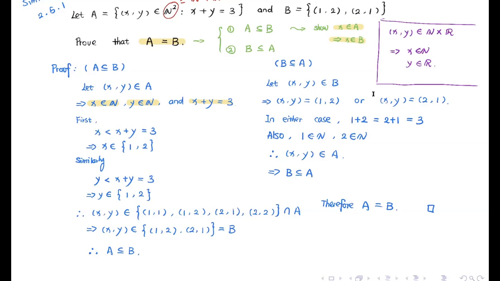Those are dots in the plane. Then they restrict the condition by saying that x plus y has to equal 3. So eventually you just get 1, 2 and 2, 1, just those two dots here. But the first condition means you have points on this N-squared plane.